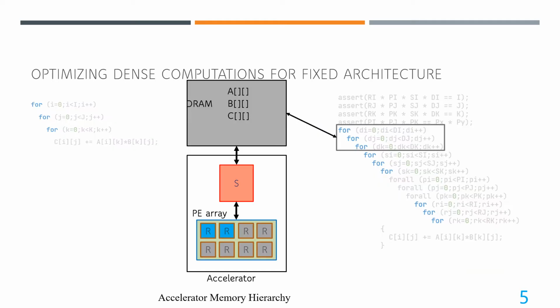Let us consider the simple example of matrix multiplication. For architecture, let us consider a three-level memory hierarchy. The outermost loops with Di, Dj, Dk iterators traverse large tiles in DRAM.